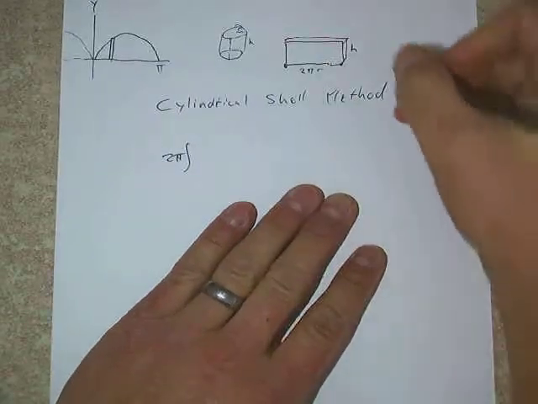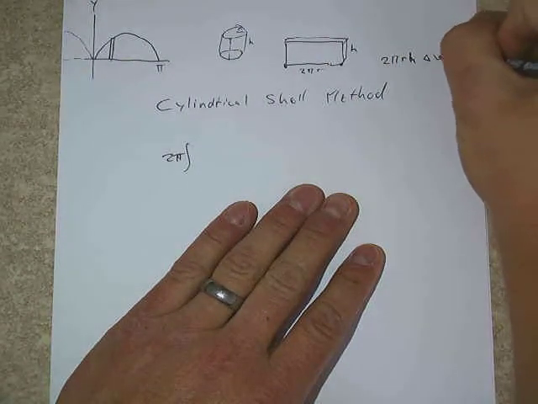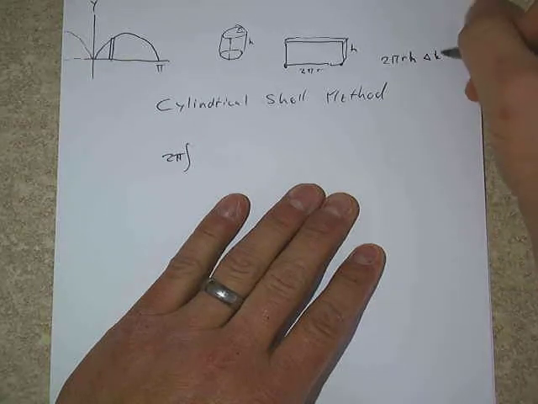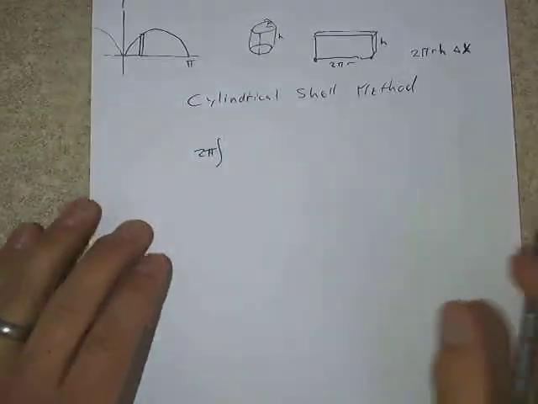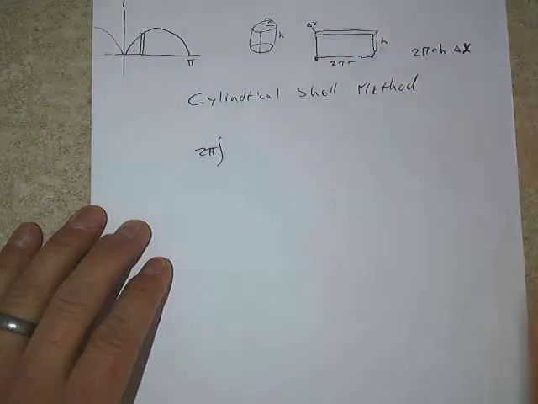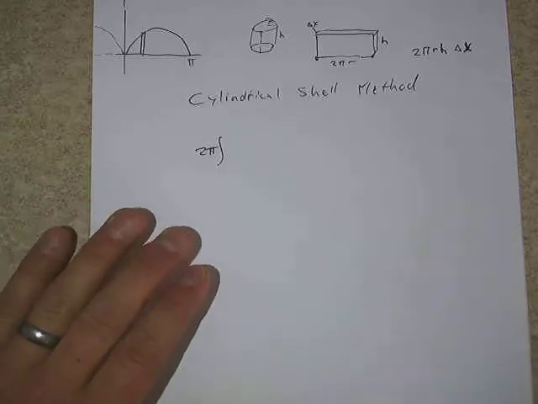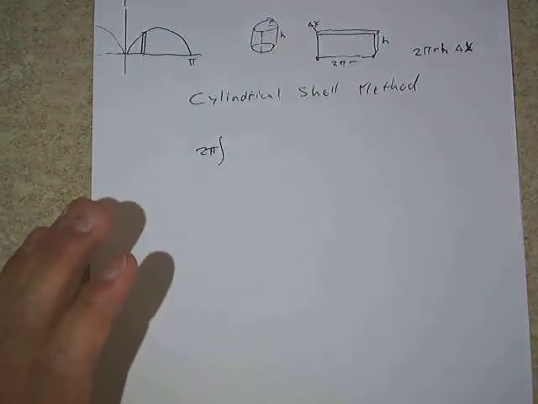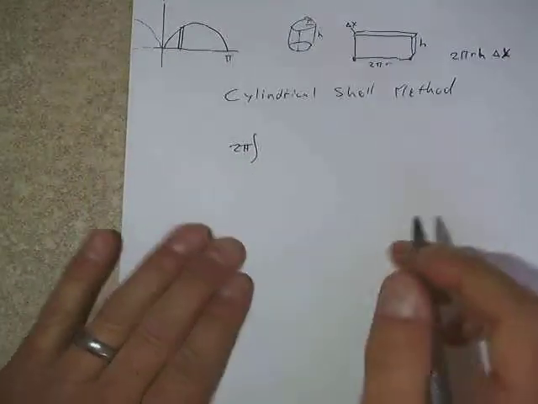To generalize this cylindrical shell method, what I want to do is set up a general integral here. We'll set up a specific integral in a minute with our particular example. But in general, in our cylindrical shells, the general setup is going to be the following. It's going to be 2 pi out in front because ultimately the volume of this prism that I've drawn here is 2 pi r h delta x.